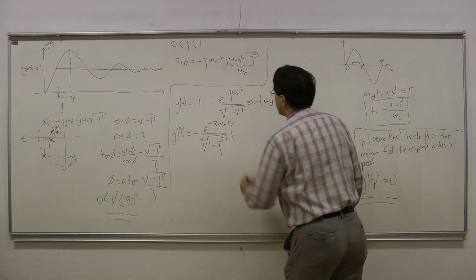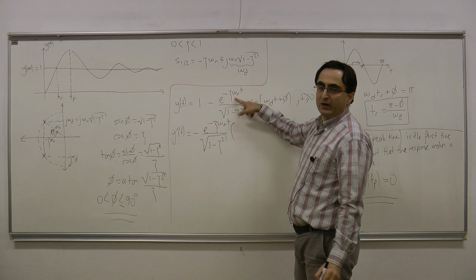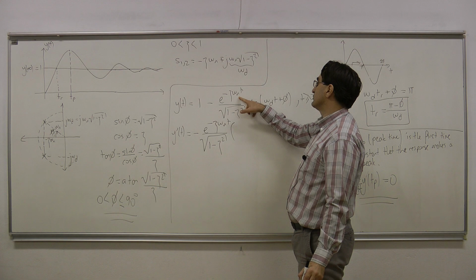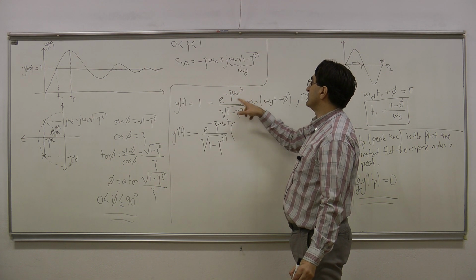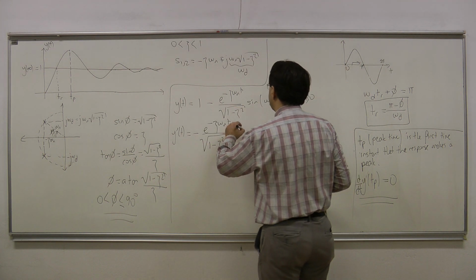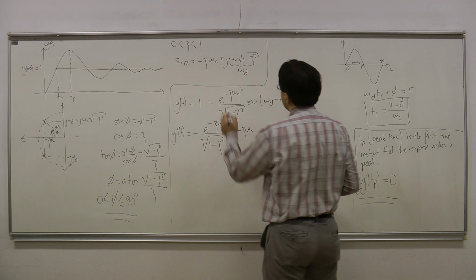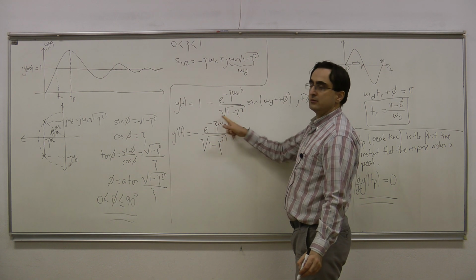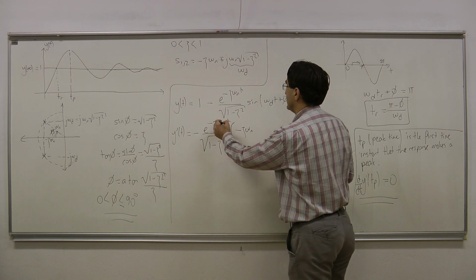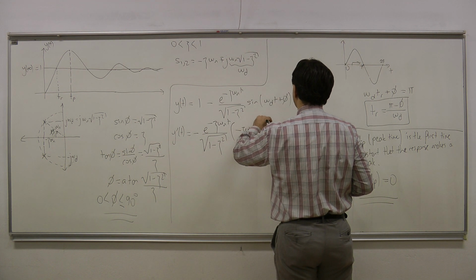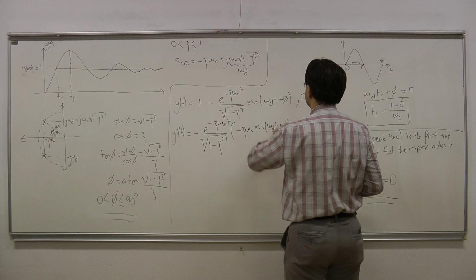Now let me take the derivative of the first function here. If I take the derivative with respect to time, it is the derivative of the exponent here. It is going to be minus psi omega n times the exponential. But the exponential is already here, so I don't write anything here. Times the second function, so it is sine omega dt plus phi.